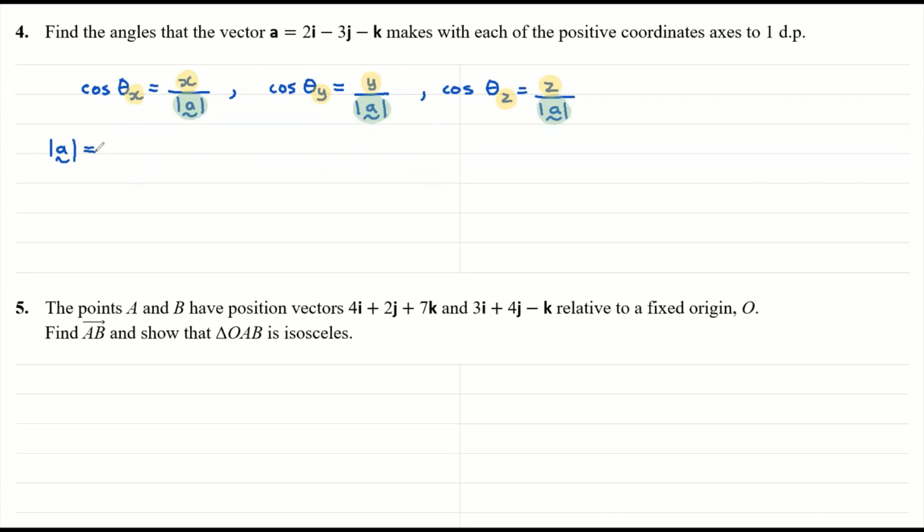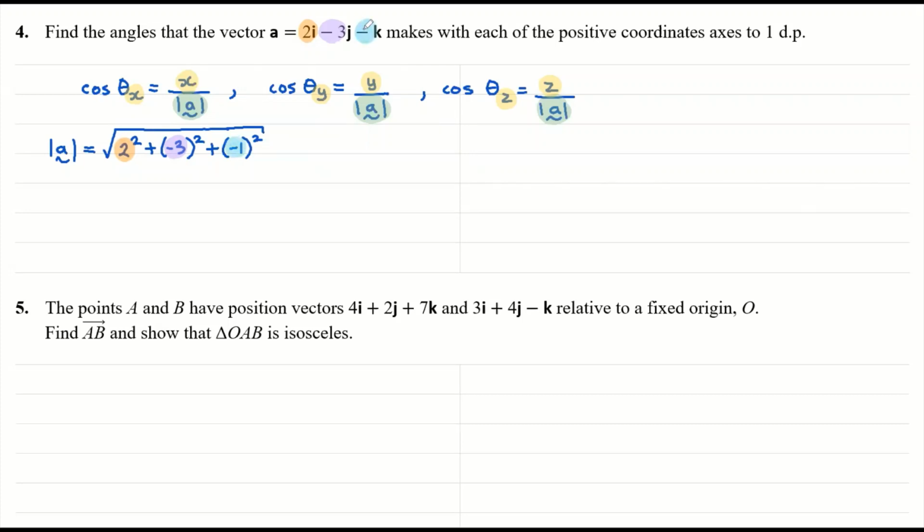So the magnitude of A, so Pythagoras' theorem on the 3 components. That's going to be 2 squared plus -3 squared plus -1 squared. And just so you're aware, in case you haven't cottoned on already, these are where the numbers are taken from: the 2, the -3 right here, and lastly the -1, which is the -1k right there.